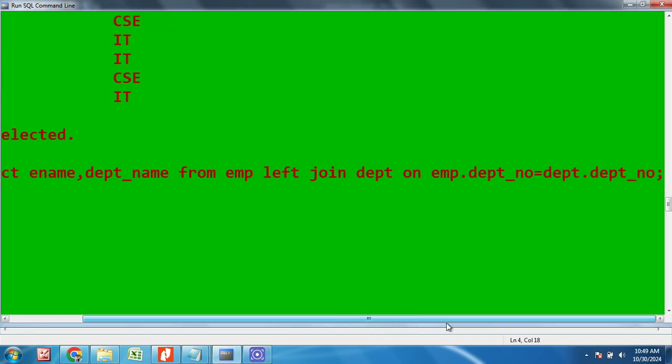It is showing me the same result as left outer join. Here I am using the keyword left join: before that the left table, and after that the right table. So just see the output.